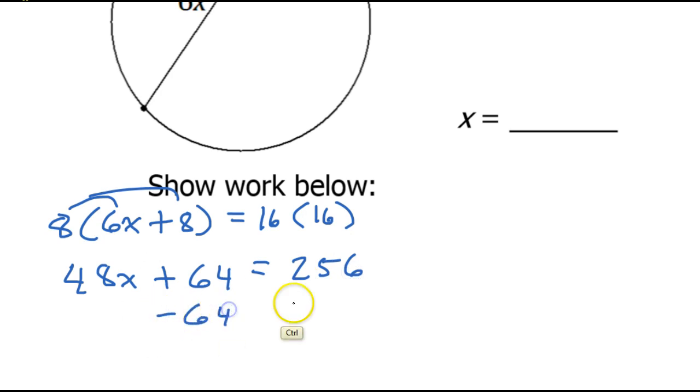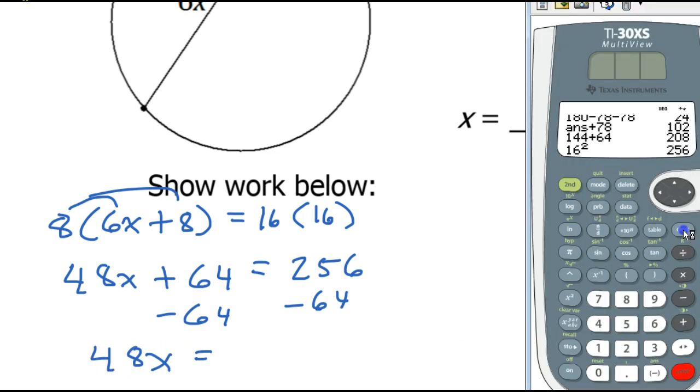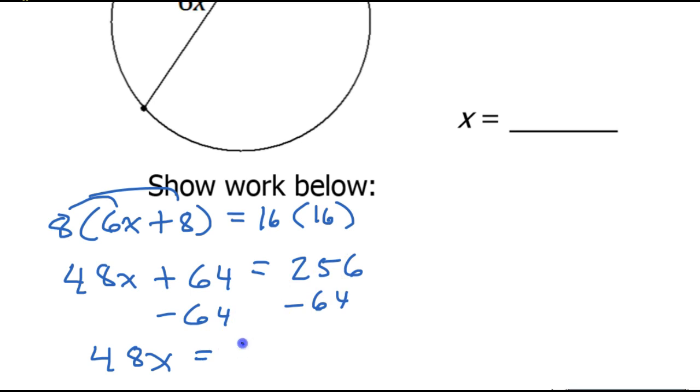Subtract 64 from both sides. That's 192.